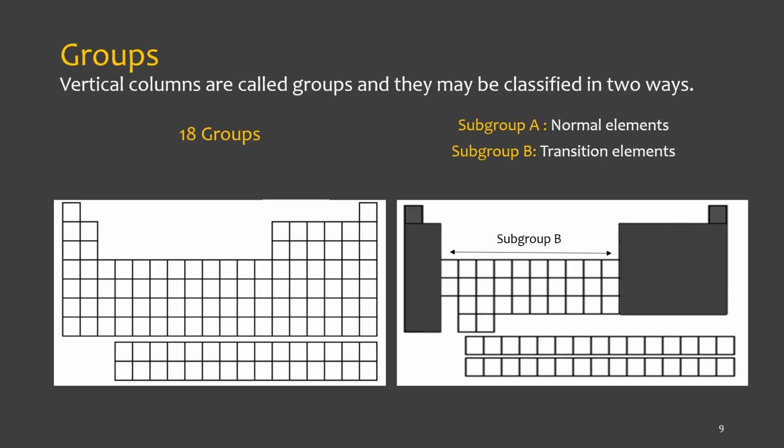For example, if I say chlorine is present in group number 17, this is a right statement, and if I say it is present in group number 7A, this is also accurate. So both can be used simultaneously and for accuracy.